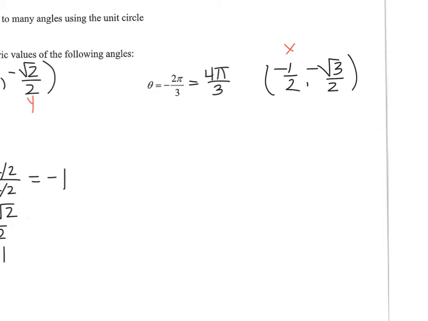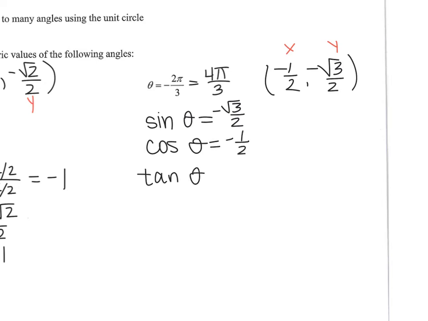So identify x and y and start with sine and cosine. Sine of theta is going to be negative square root 3 over 2. Cosine of theta is going to be negative 1/2. Tangent of theta, which is sine over cosine, is negative square root 3 over 2 divided by negative 1/2, which if we rewrite as multiplication is negative square root 3 over 2 times negative 2 over 1.